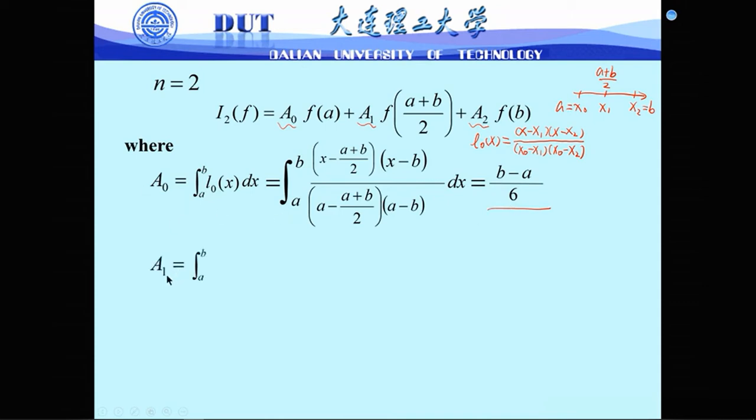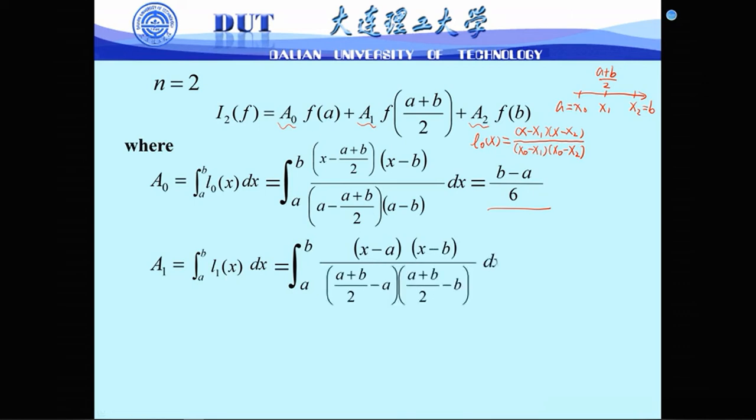And next, we need to compute a1. a1 is the integral of L1(x). And you should remember how to write L1(x), right? So I help you to write here. Please follow me, again we practice. Index is 1, so the numerator is x minus the other nodes, x minus x0, x minus x2, right? And then replace x by x1, so x1 minus x0, x1 minus x2, right?